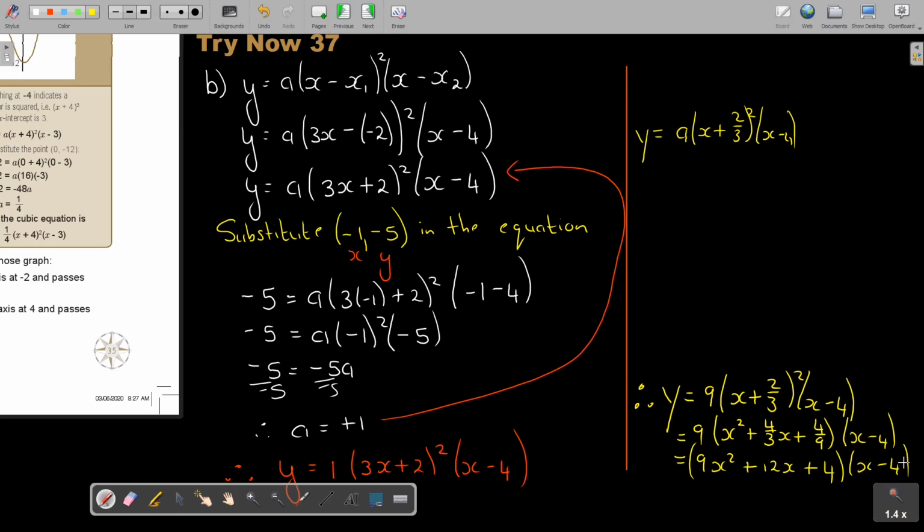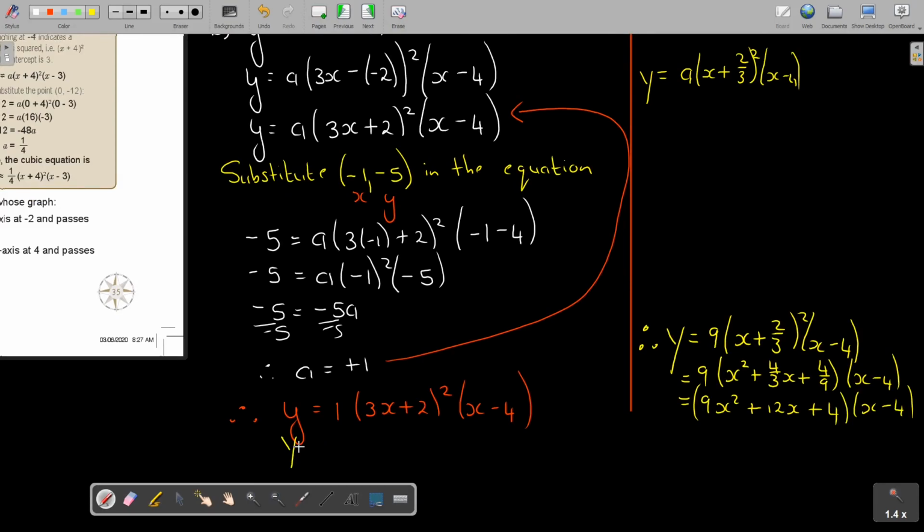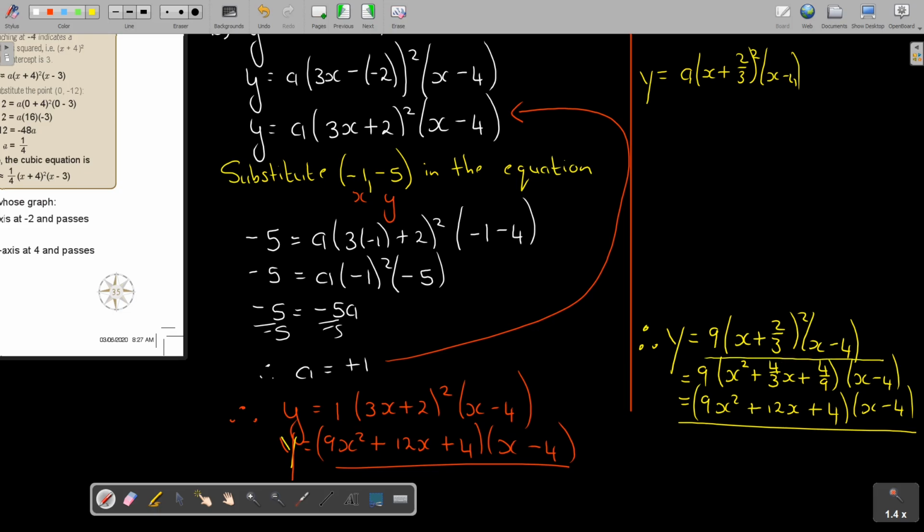I don't have to multiply this out, but I want to show you that if you continue in this one, in red, 3x times 3x is 9x squared plus 12x plus 4, which is exactly the same as this step. So don't worry, as long as you leave it like that, this is correct, and if you leave it like that, this is also correct. Both will be correct.